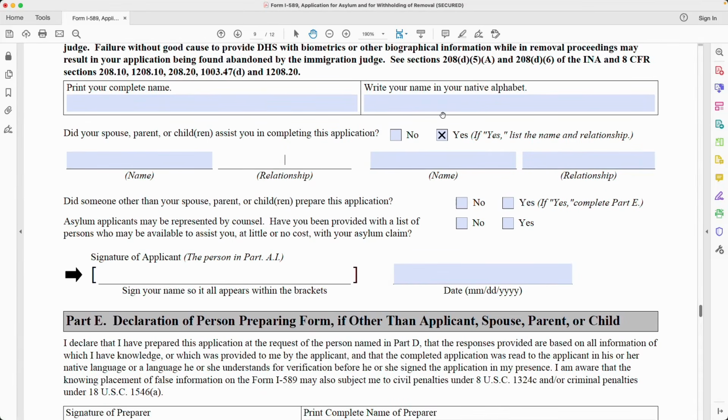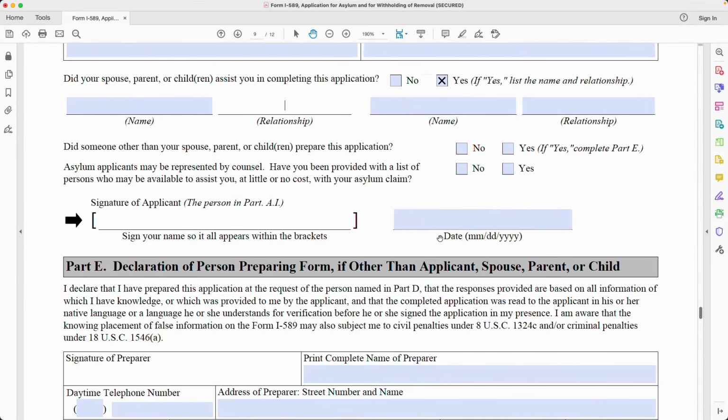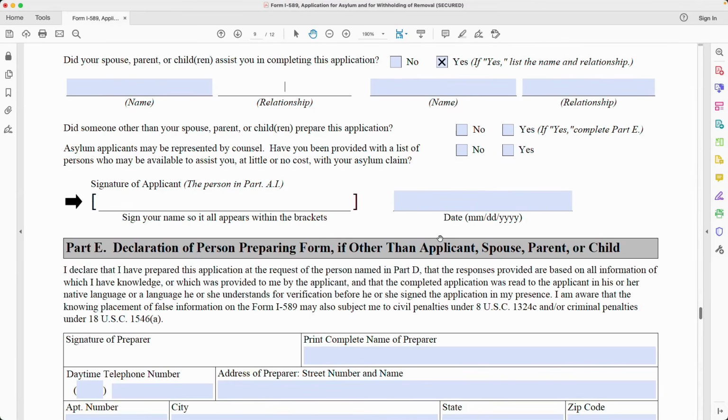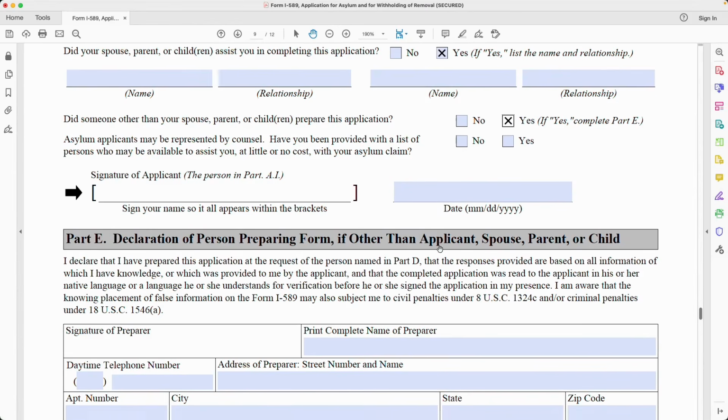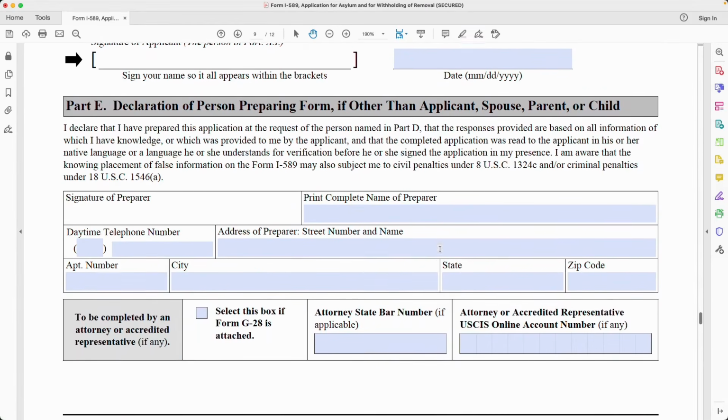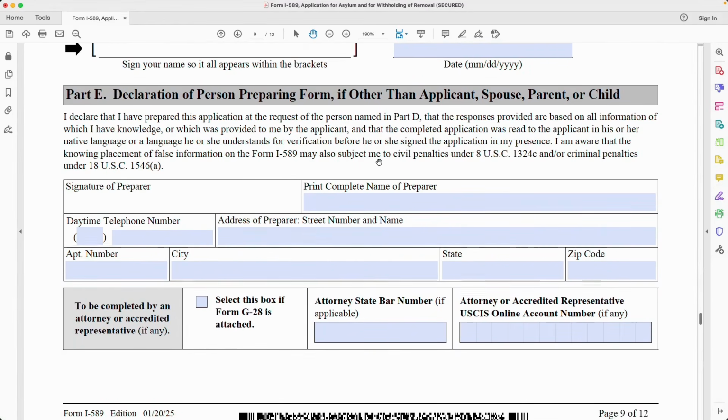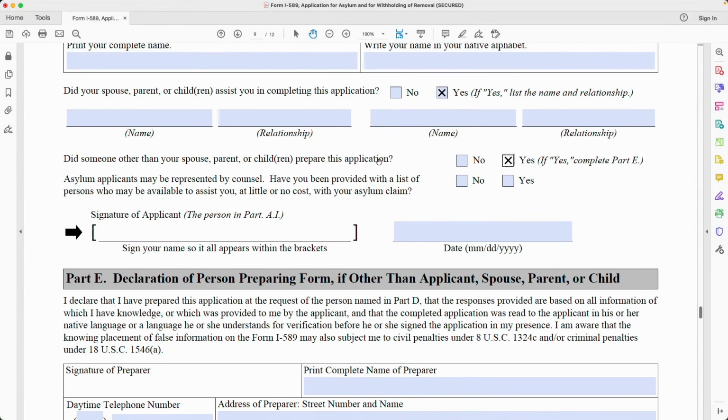If anyone else who is not your spouse, parent, or child helped you to complete the application, select Yes for this question here below. If you check Yes, the person helping you to fill out the application should also complete and sign Part E here at the bottom of the page.